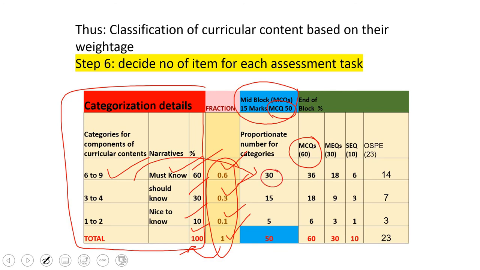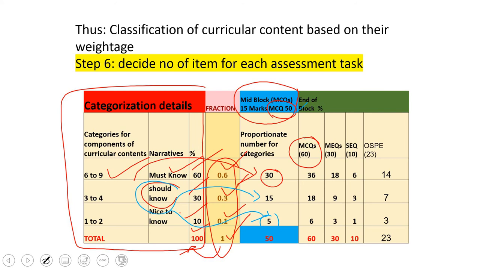The value of should know shall be 15 amongst these 50 MCQs, and among these 50 MCQs, nice to know items will be 5, and this will help you in determining the blueprint of the MCQs.